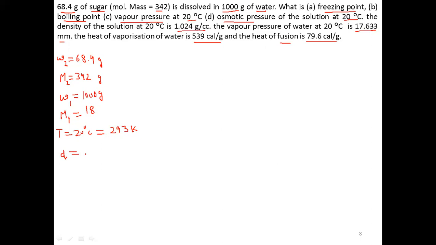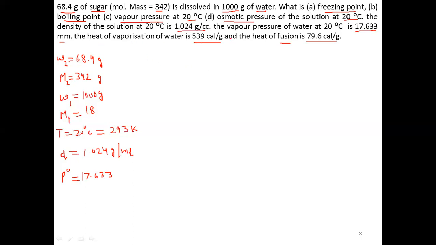Density of solution is 1.024 gram per ml. Next, we are given vapor pressure of water at 20 degrees C. So it is vapor pressure of pure solvent, P naught, at 20 degrees Celsius. It is 17.633.